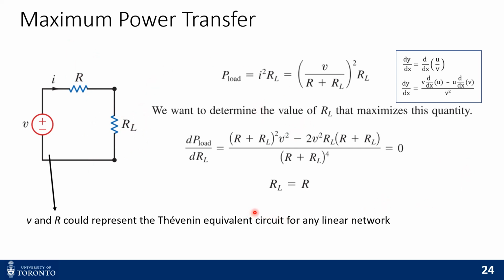The formulation shows that the maximum power given to the load resistance occurs when the magnitude of the load resistance equals the total circuit resistance that it is connected to, in other words, the total Thevenin resistance of the circuit.